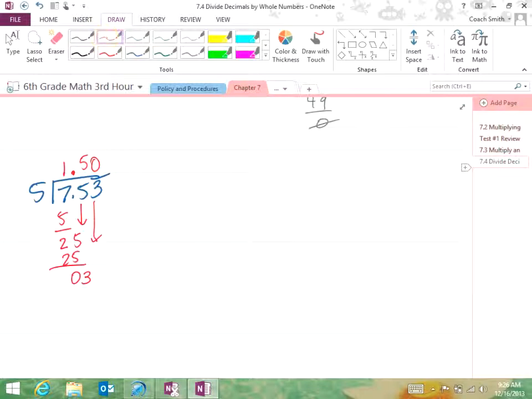Now, here's where it becomes different. I have to add a 0 right here. 0 times 5 is 0. Remainder 3.